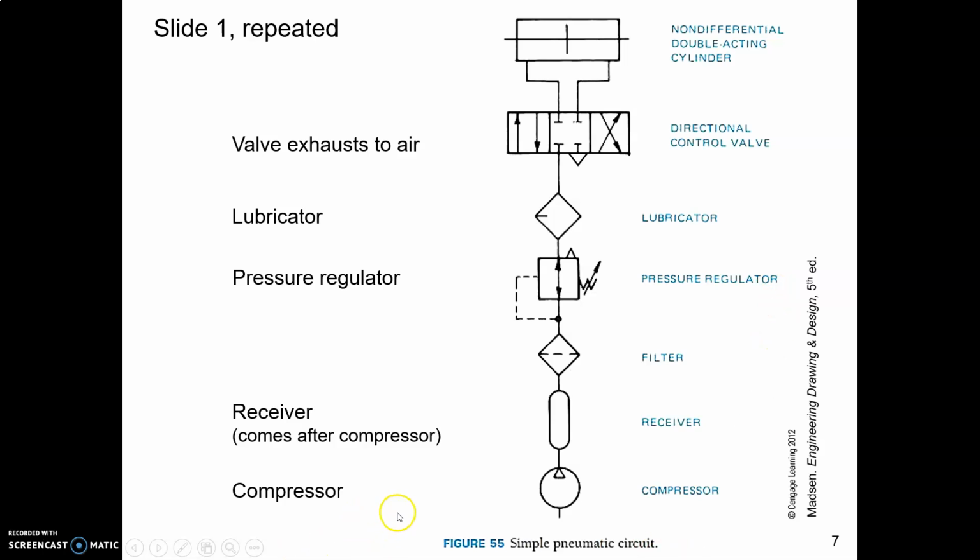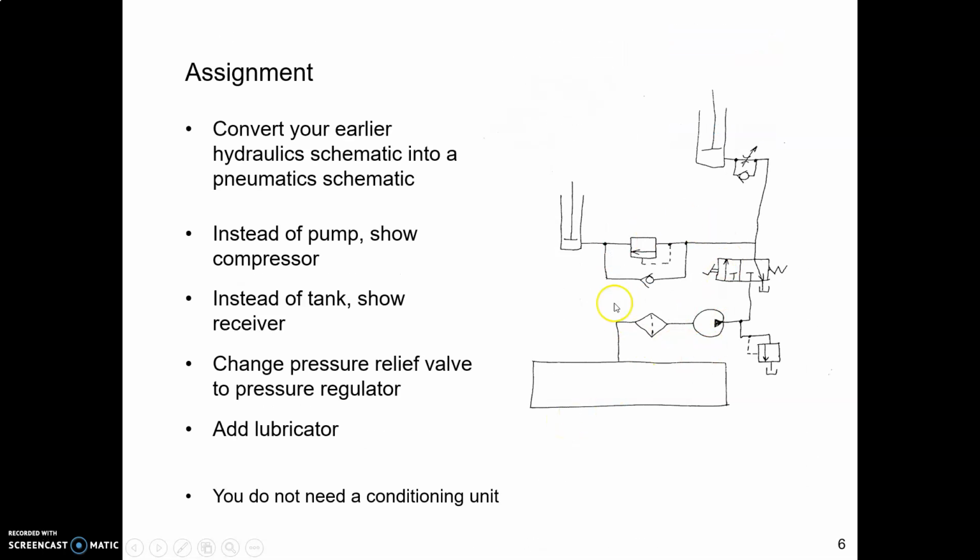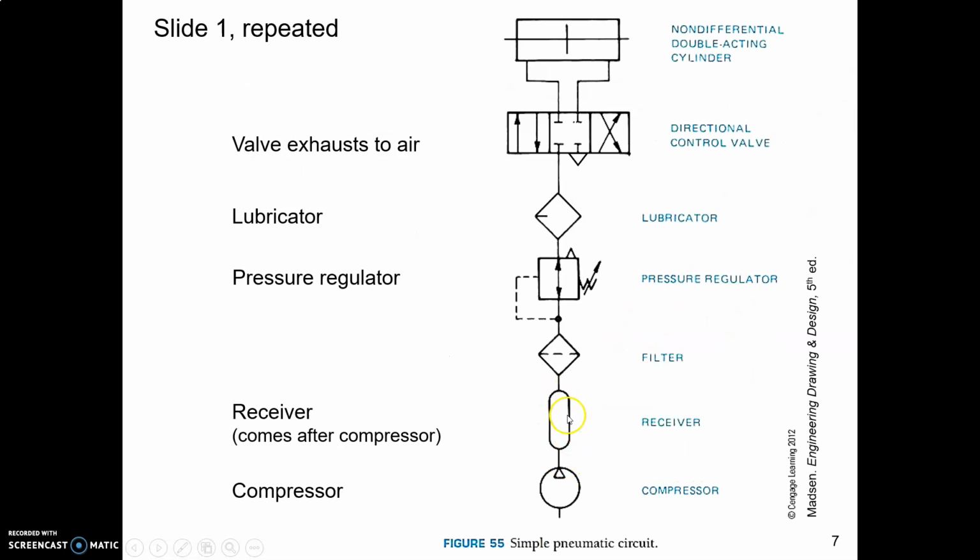But the point is, here are some things that are different. So instead of a pump, now you will have a compressor, which looks about the same, but it's got an open triangle. Then the receiver, your air tank, it has to come after the compressor, whereas in our hydraulic system, you drew your tank coming before the pump. Now your tank or your receiver comes after the compressor.